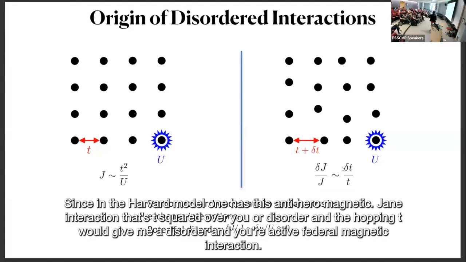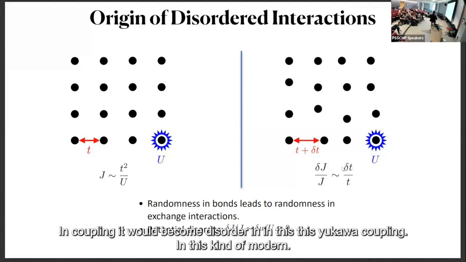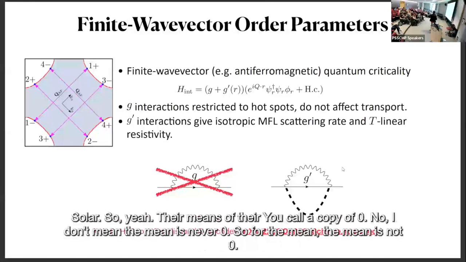Since in the Hubbard model one has this antiferromagnetic J interaction, that's t squared over U, a disorder in the hopping t would give you disorder in your antiferromagnetic interaction itself. And that disorder in antiferromagnetic interaction, if you do Hubbard-Stratonovich decoupling, would become disorder in this Yukawa coupling in this kind of model.